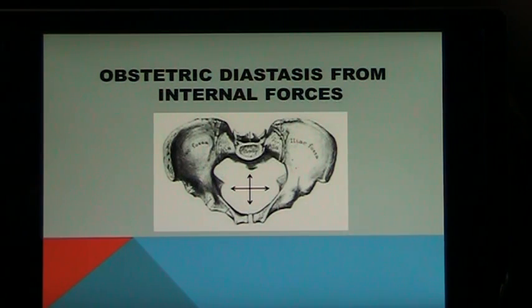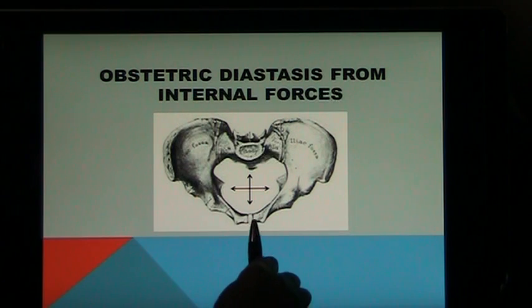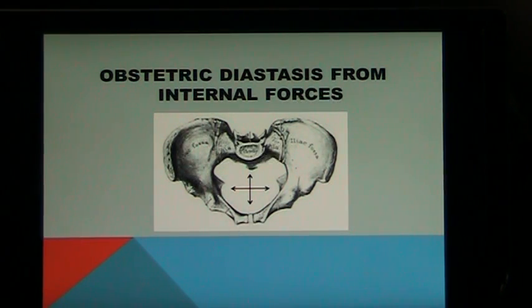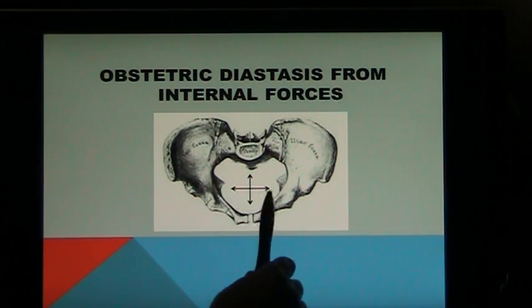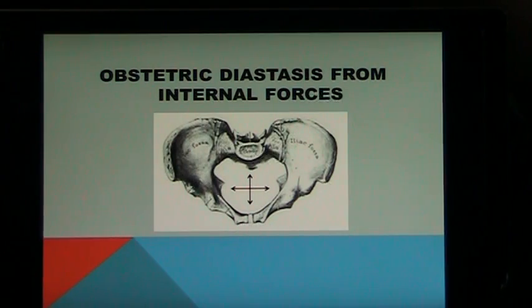To contrast, a motor vehicle accident would cause an anterior compression, causing fracture, the pelvis striking the steering wheel, for example. Whereas in obstetric diastasis, the forces from the inside push out, actually pushing in all directions, causing the rupture.